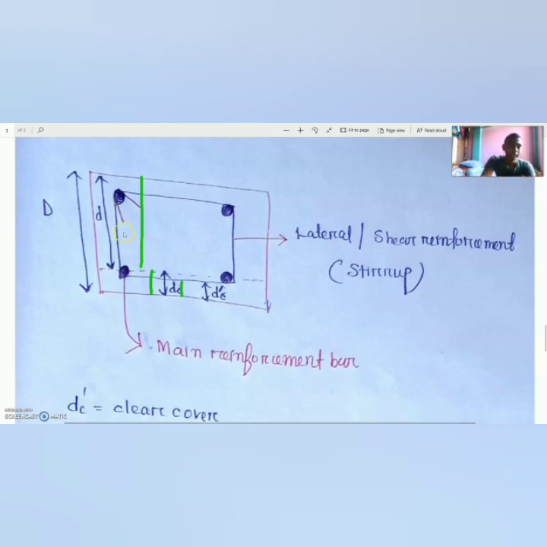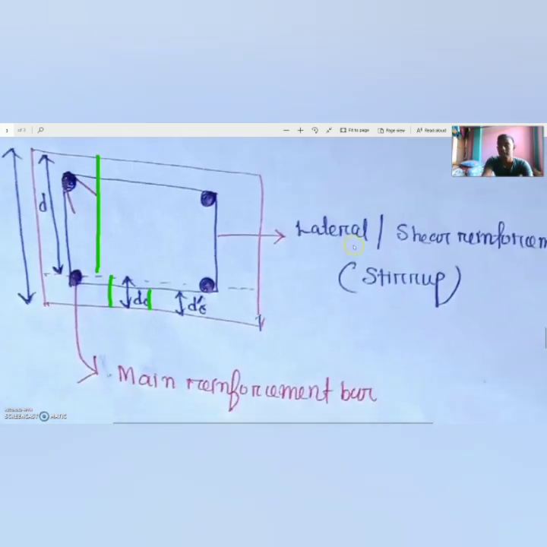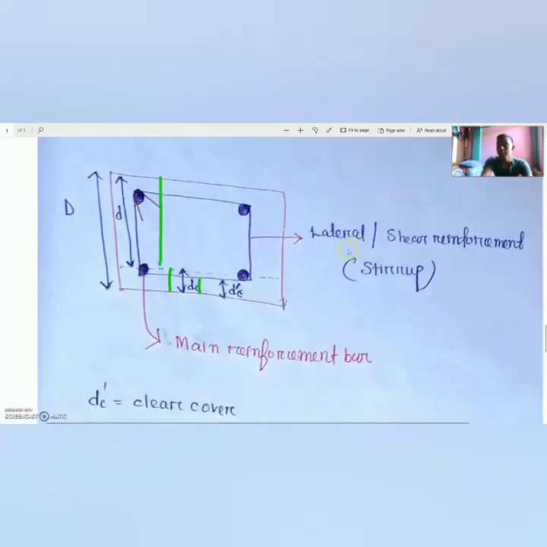You can also see the vertical line marked with blue dots; it is the lateral or shear reinforcement, or stirrup. It is used for shear and also to tie the main reinforcement bars.